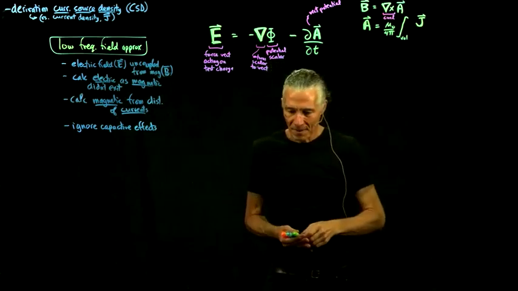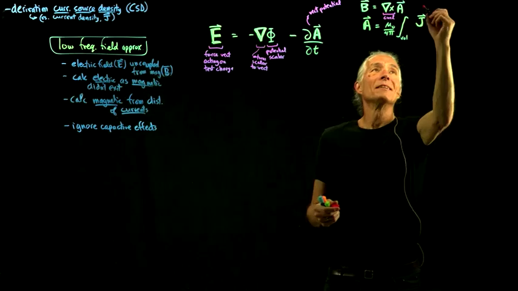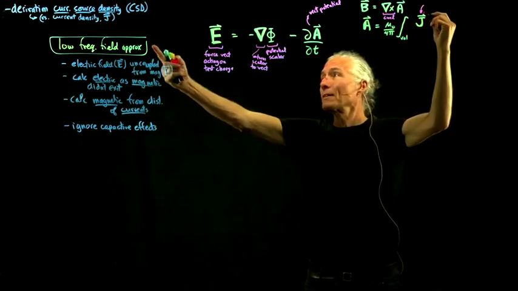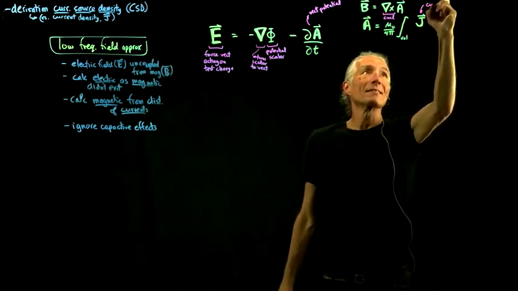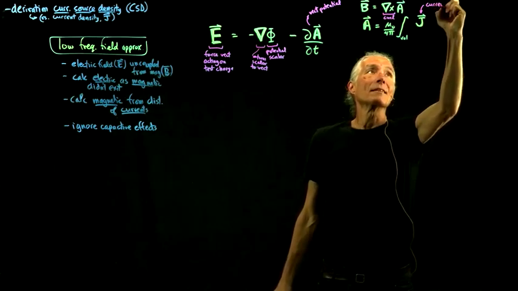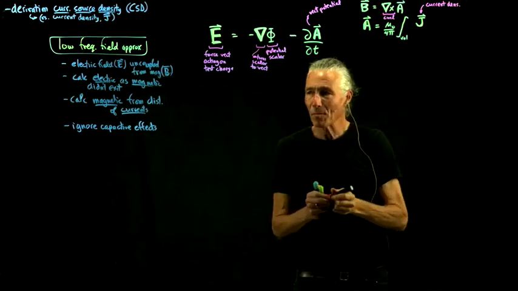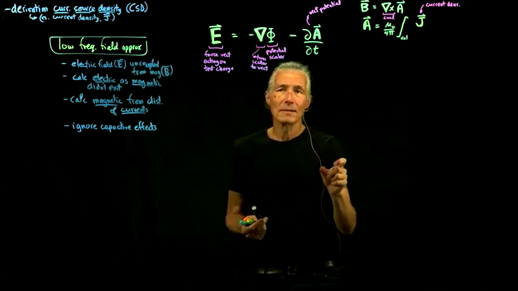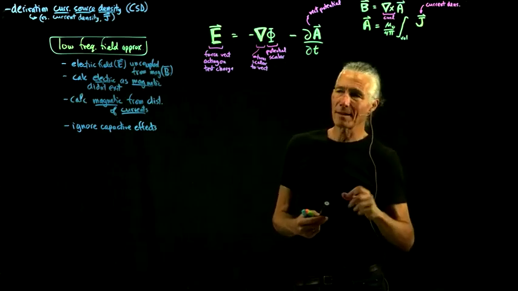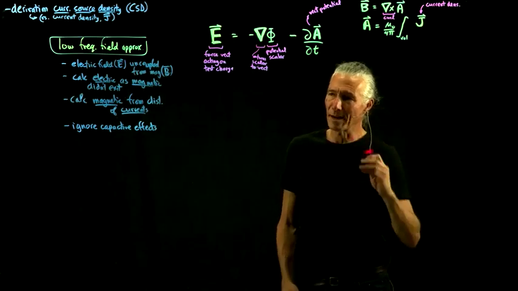Current density tells you how much current there is, that's the length of the vector, and what direction it's going, because the charges could be going in any which way.